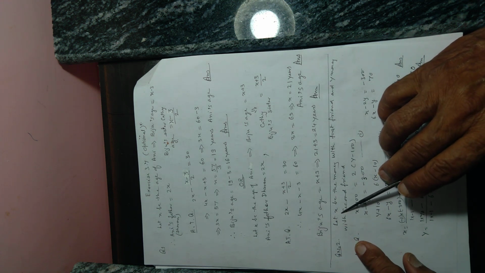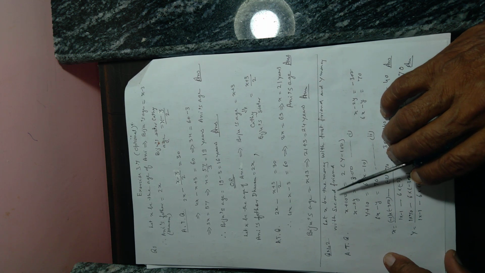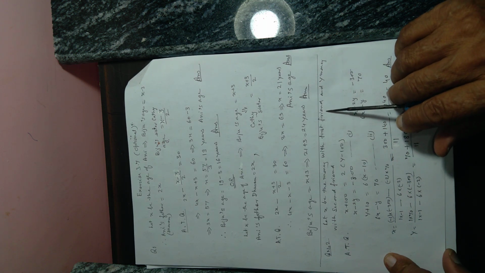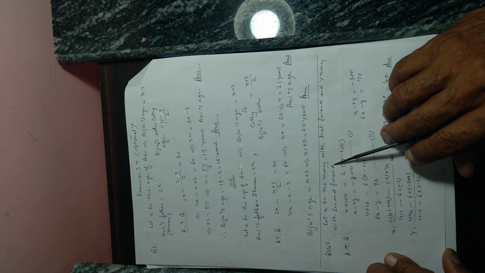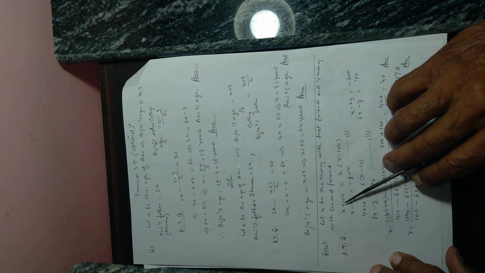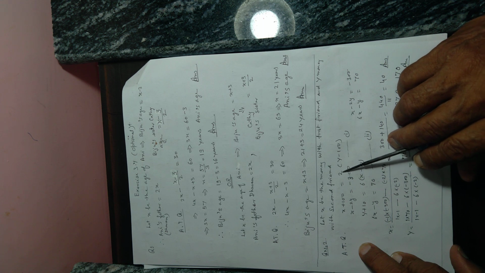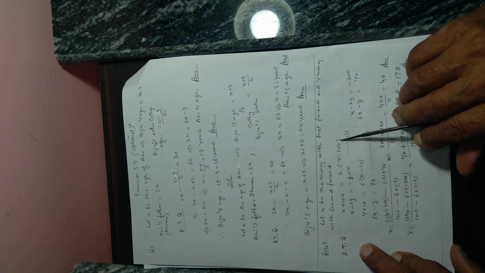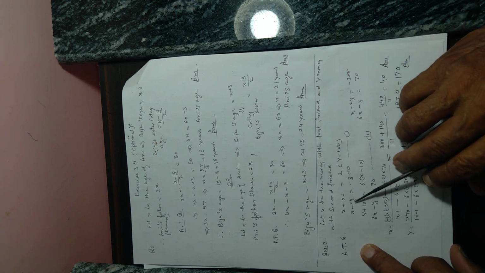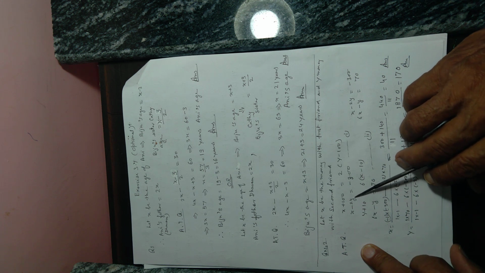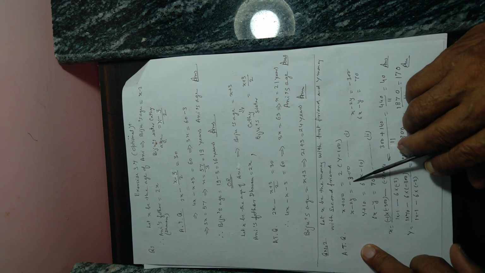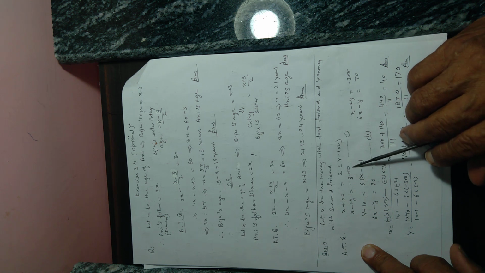In this question, you see, let x be the money with the first friend and y be the money with the second friend. So x plus 100 will be equal to twice of (y minus 100). You solve it, you will get x minus 2y equal to minus 300.